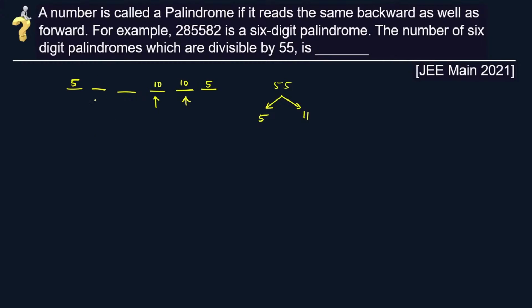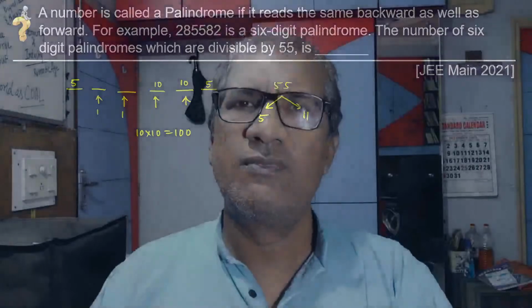And similarly, this place can be filled in 1 way, and this place will be filled in 1 way. So the total number of 6-digit palindrome numbers formed which are divisible by 5 is 10 into 10, that is 100. So 100 such 6-digit palindrome numbers are there which are divisible by 5.